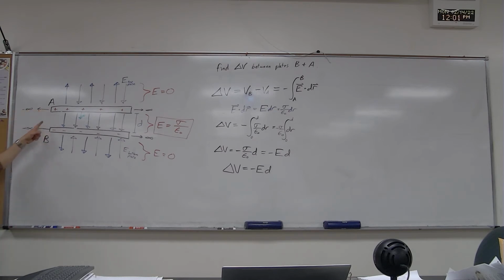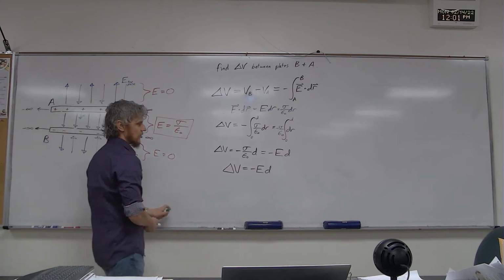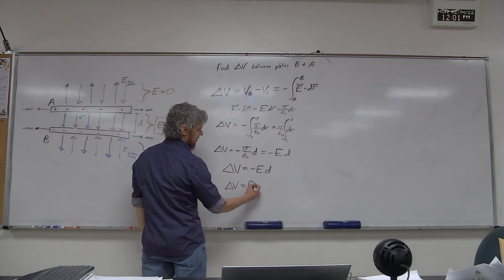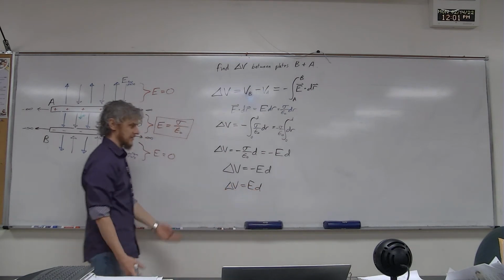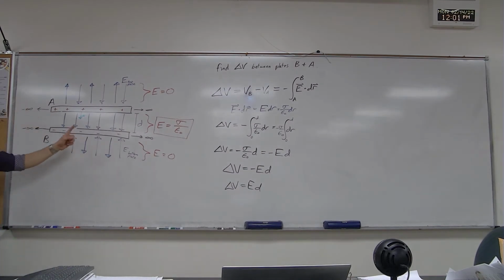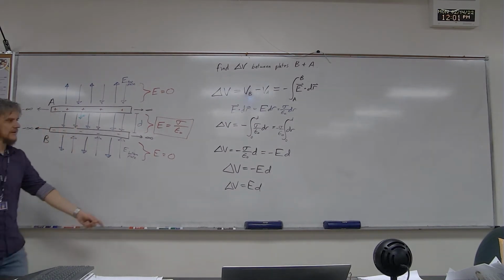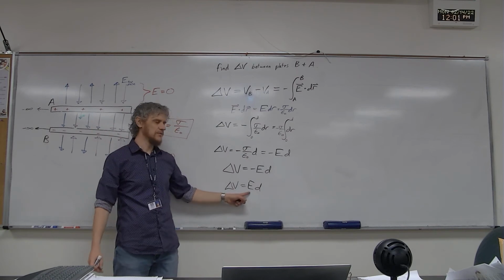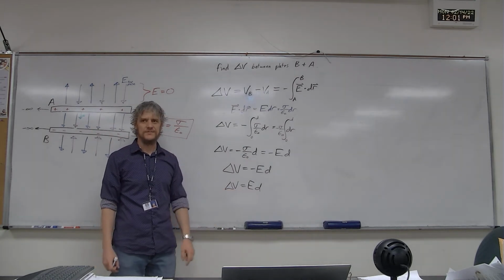But if you go from B to A, then it would be positive, because your final potential would be higher than your initial potential. So it doesn't matter which way you go, you just have to be consistent. So a lot of students just remember that the magnitude of the potential difference is the electric field times the distance. Whenever you're talking about a constant electric field, the potential difference between any two points in the field is equal to the electric field times the displacement.